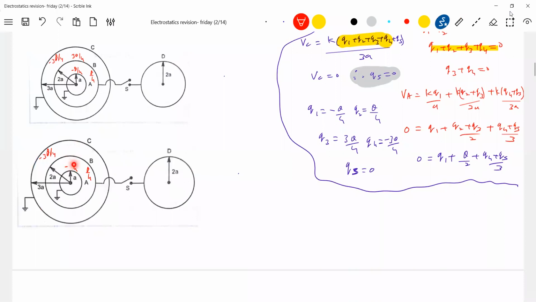What charges will come? We don't know that. We have to verify after closing the switch. So the switch is closed. This was neutral. Okay, we'll go for all the charge distribution.